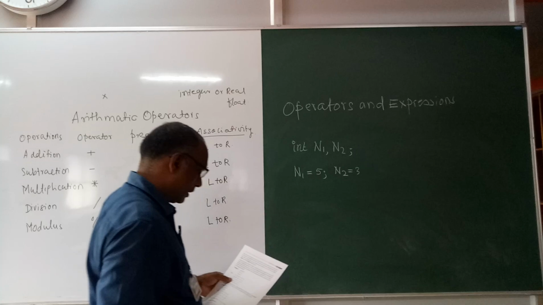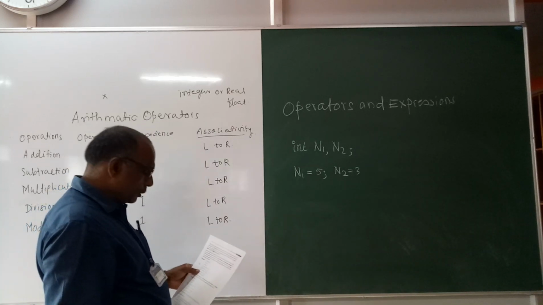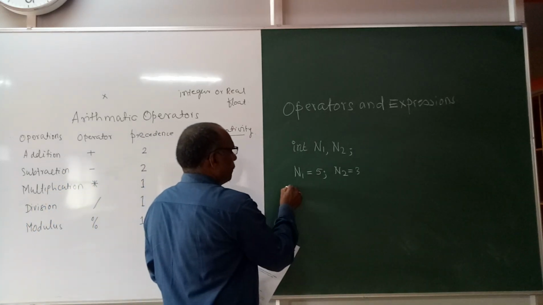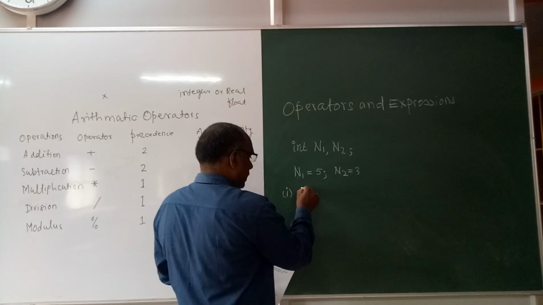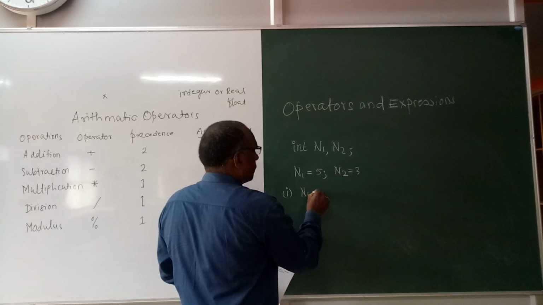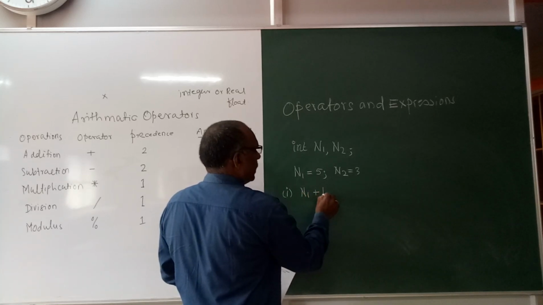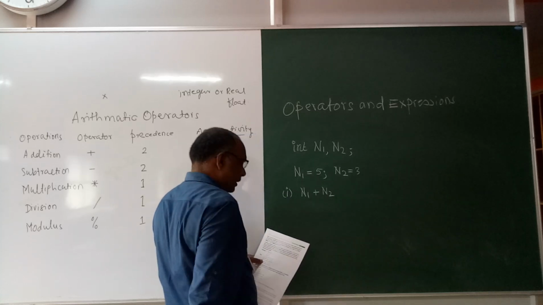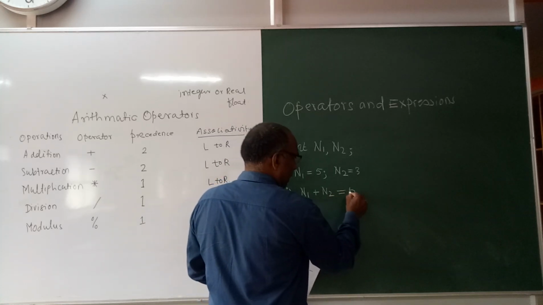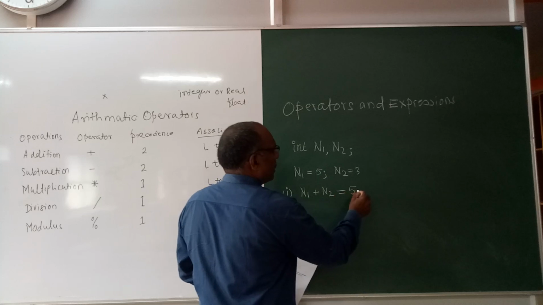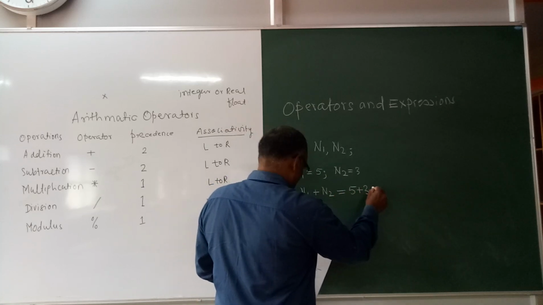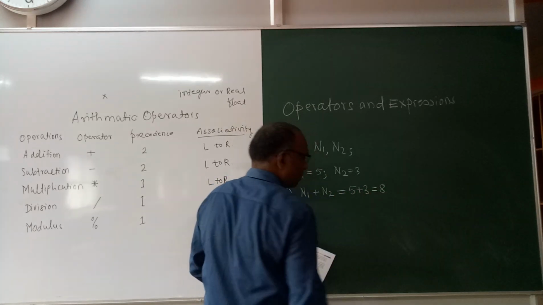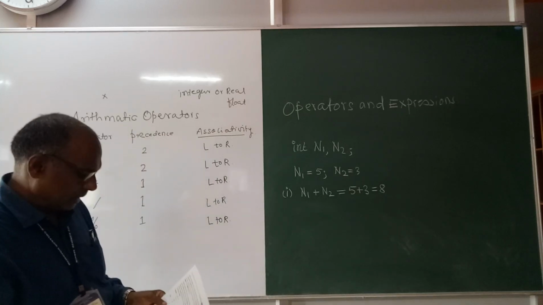These are simple. Then I want to perform the operation, first n1 plus n2. This will be equal to 5 plus 3, and that will be 8. Simply the computer will show this.